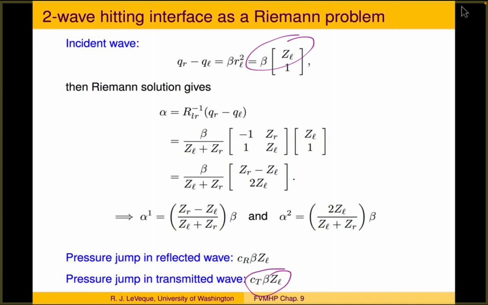And the pressure jump in the reflected wave is the reflection coefficient times beta times ZL. So the pressure jump in the incident wave is beta ZL, and that gets split up into transmitted and reflected parts. And then, of course, the second component in each vector is the appropriate thing so that you have a purely left-going and right-going wave for each of these.